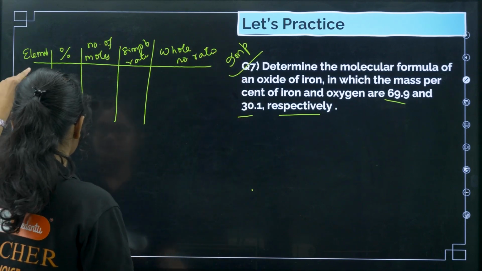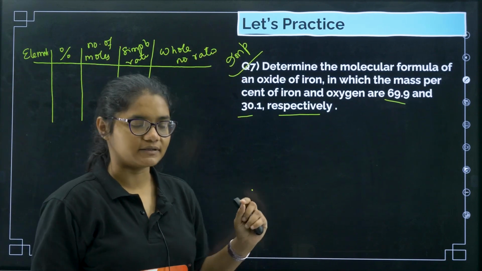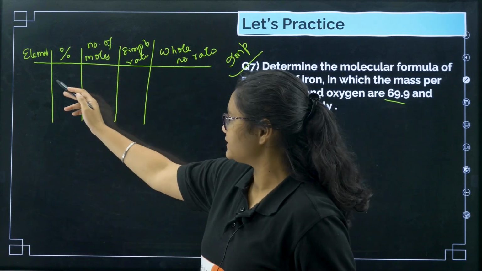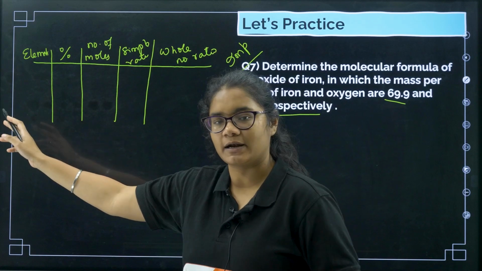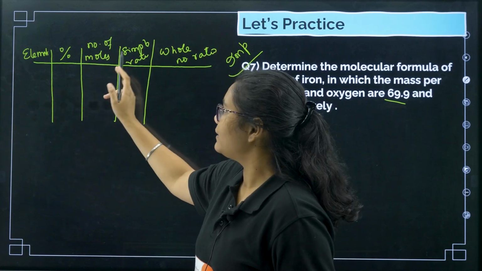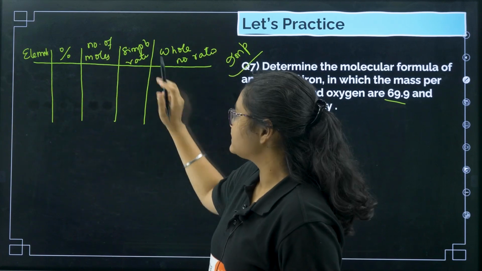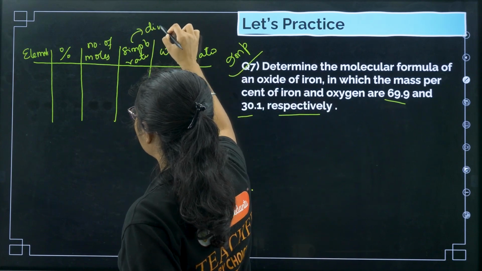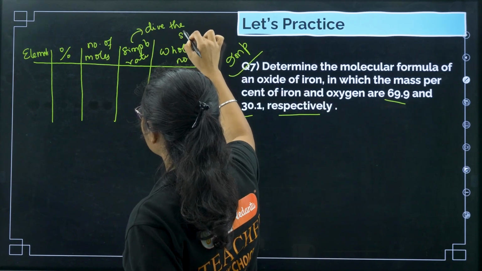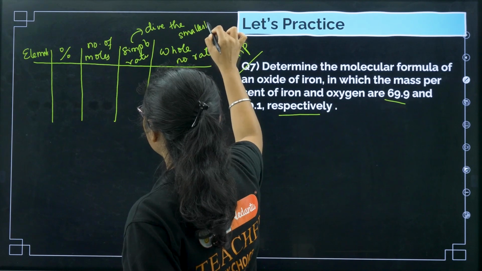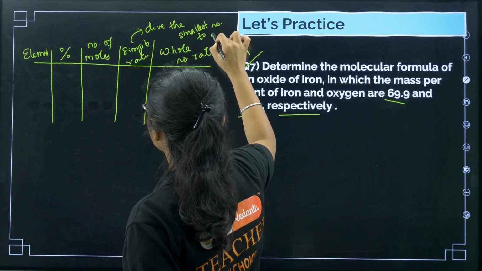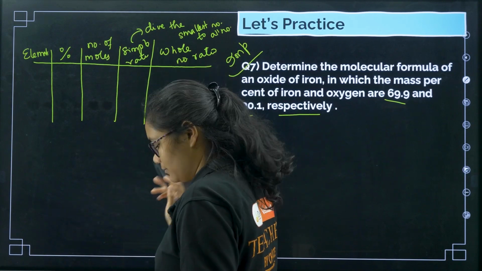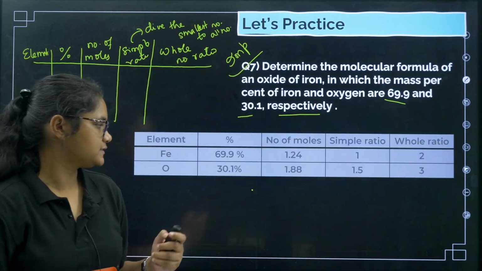Now see, first elements will be given to you in the question, percentage will be given to you in the question. Number of moles, what will you do? Whatever percentage is given divided by the molar mass of that particular compound or element, that will give you the number of moles. For simplest ratio, what you need to do? You need to divide the smallest number to all numbers. Okay, I'll explain, do not worry. Then whole number ratio. Okay, now let us solve this question and see.